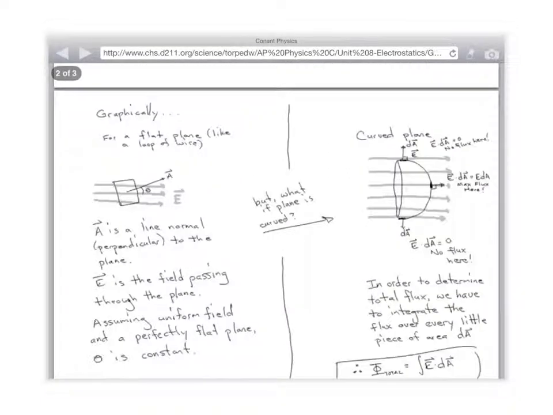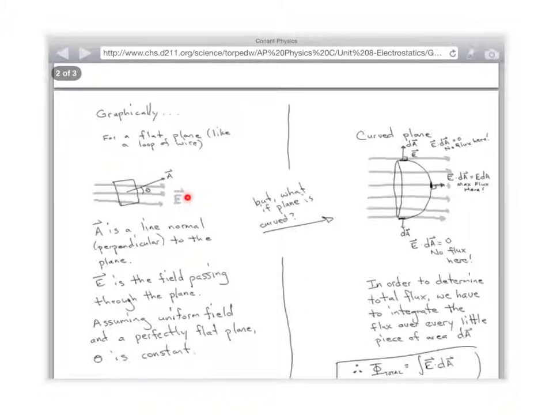Graphically, here's what we're looking at. If you had a flat plane, like a loop of wire, I think they showed you last year, Macy, the electric field would be here, the area would be here, and the angle would be the angle in between the normal line and the electric field. But if you had a curved shape, think about that.